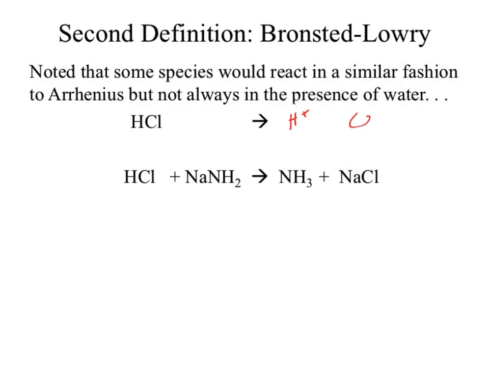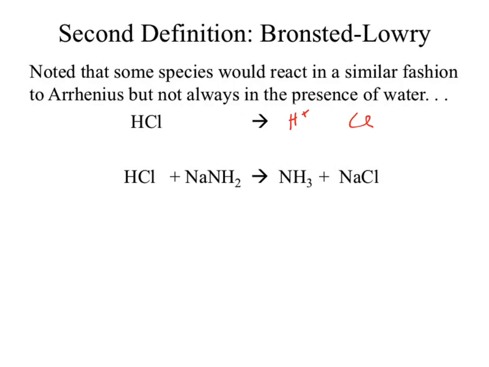We get H+ and chloride. If I did the same thing with some other species, I don't see the formation of hydroxide. In this system there's no water. Well, if there's no water, then Arrhenius' definition is invalid. So Bronsted and Lowry shifted the definition to get rid of water as a basis for the entire definition.